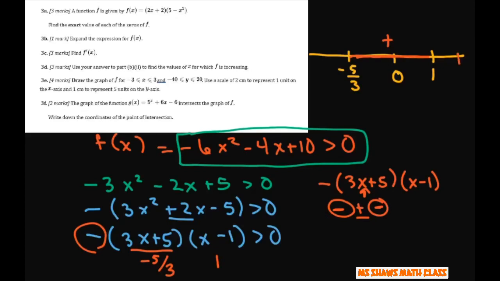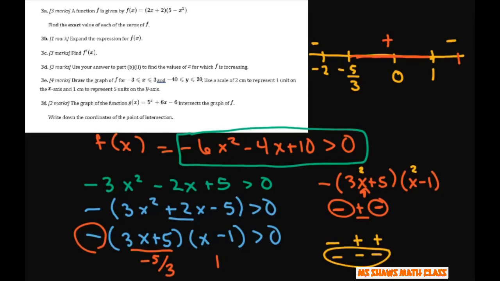Now, if I plug in 2, I'm going to get a negative, and then a positive, and a positive. So bigger than 1 is going to be negative. Similarly, if I put in negative 2, you're going to get negative, negative, negative. 3 negatives make a negative.